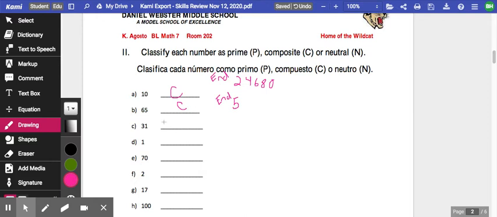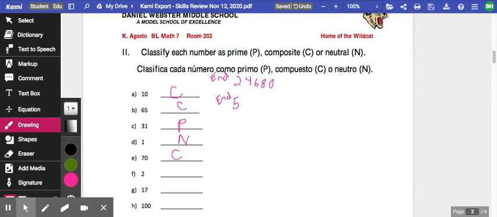But I can ask, what numbers do I multiply to get 31? I go through my multiplication tables and I don't see any, so it's prime. 1 only has 1 factor, so it's neutral. 70 ends in a 0, so it's composite.